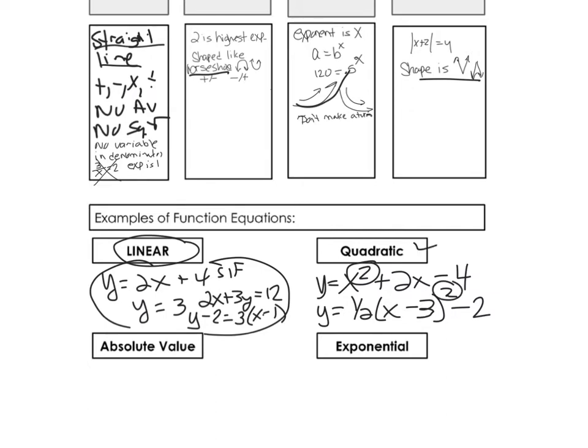That lets you know it's quadratic. Absolute value, you're going to be able to tell by the bars. An exponential, you're going to be able to tell by there's an x for the exponent. So those are easy tells.